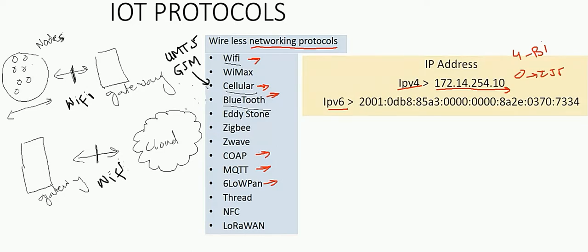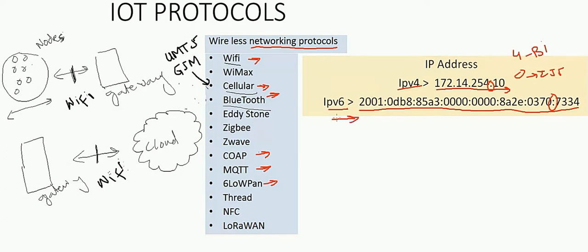IPv6 is a combination of a group of 8 hexadecimal digits, which combine to make an IP address, and they are separated by a colon, just like in IPv4 we have a dot separating the groups of numbers.